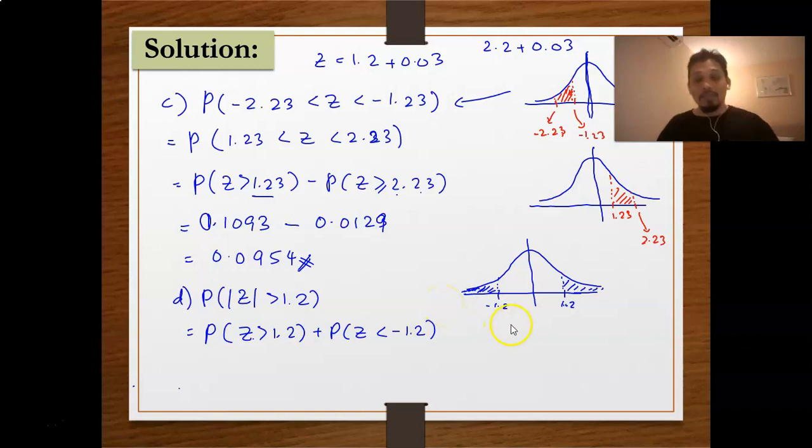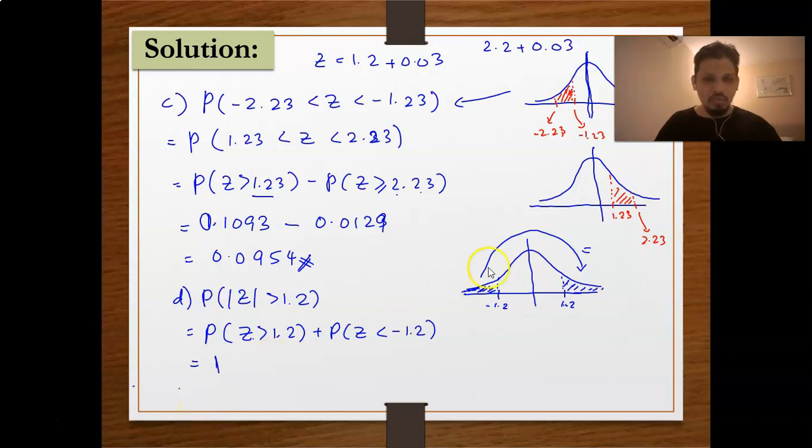So class, actually this area is equal to this area, meaning we count this twice. What can we do here now is the whole area between the curve and x-axis is equal to 1.